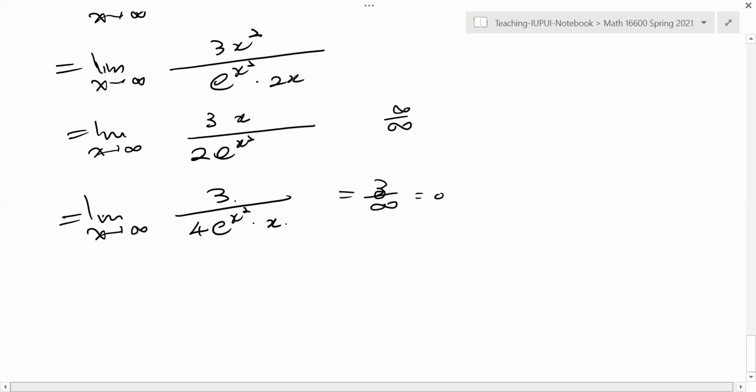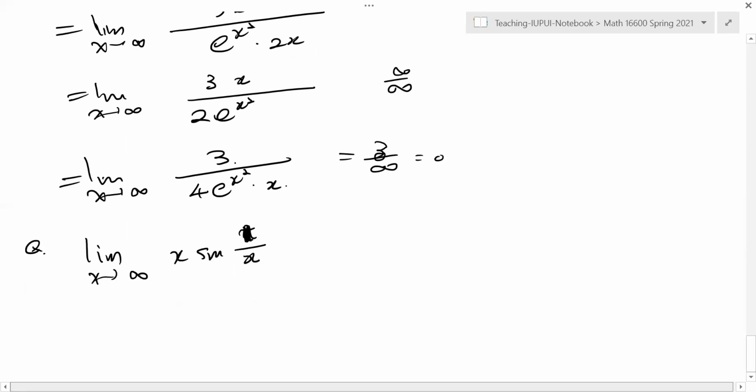For example, here's another interesting one. It's a product also: x times sine of pi over x. I just put the 1 here; 2 or 3 doesn't matter. So just x sine of 1 over x.